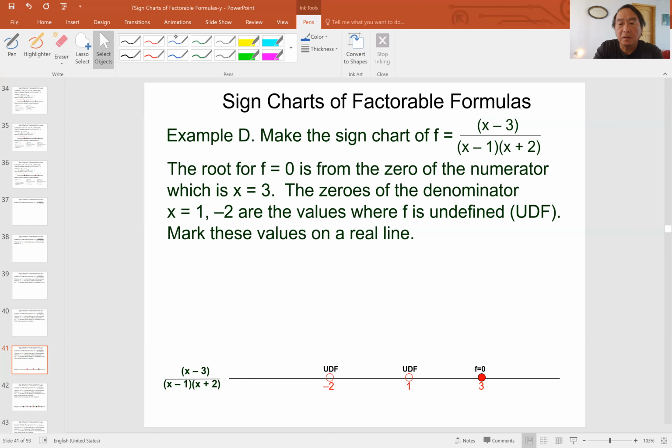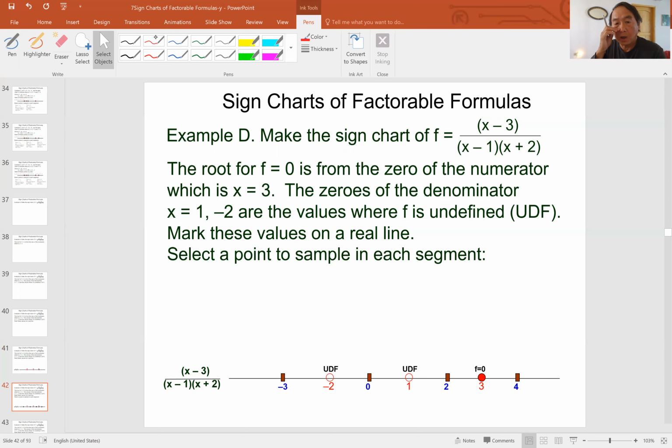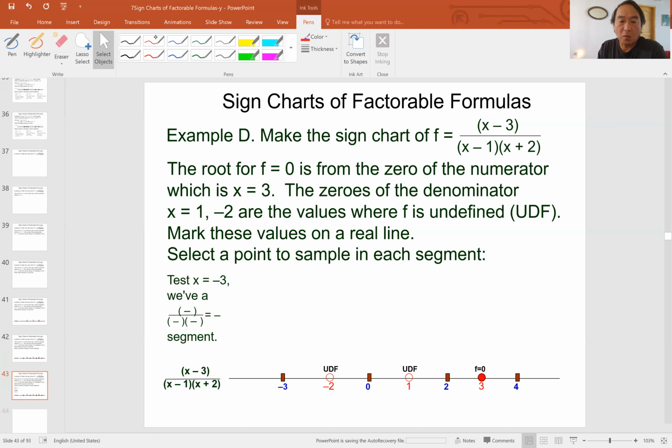In between these points, the output will take on the same sign. And how can I tell which segments will produce which sign? Well, again, by sampling. I won't bore you with the sampling, but I sample these points.